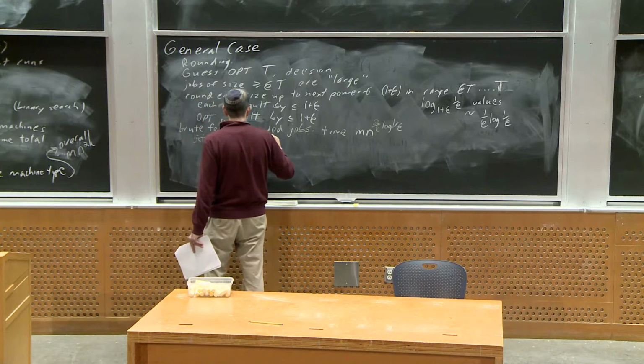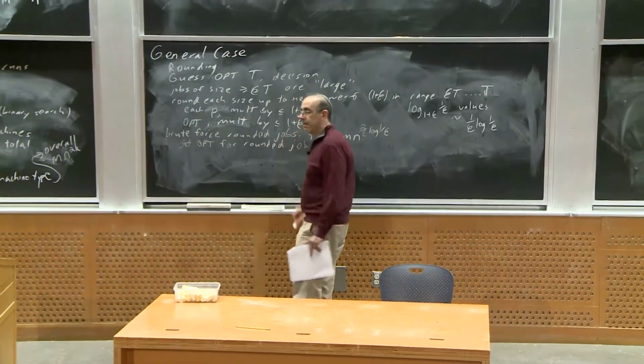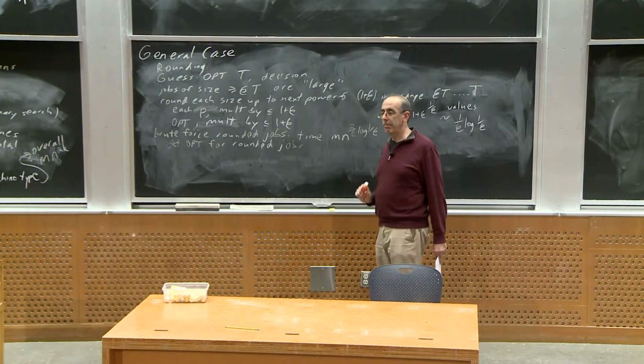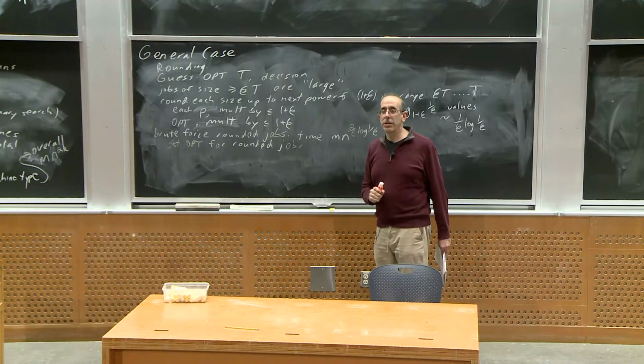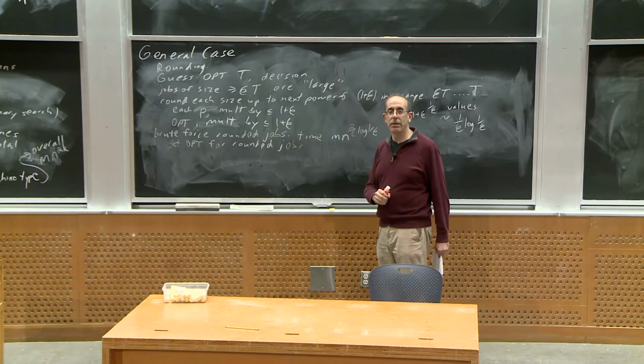And how does that compare to the original optimum? One thing at a time. So how good is the optimum that we get once we've rounded the jobs? How good is that optimum?